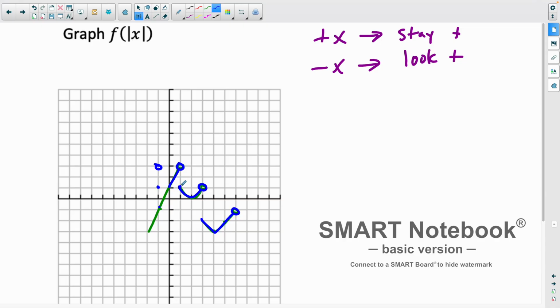That's what's happening at +1. -2 is going to look like +2. So it's going to have this there and this there. So what does it look like I've done to the graph? Looks like I've reflected over the y-axis, right?